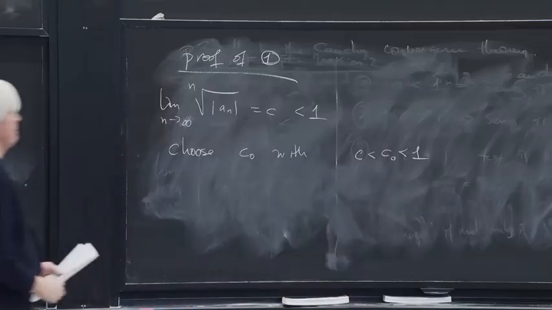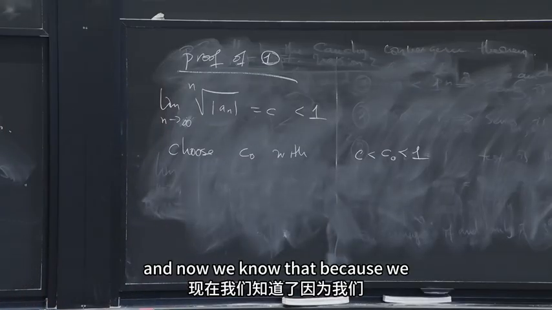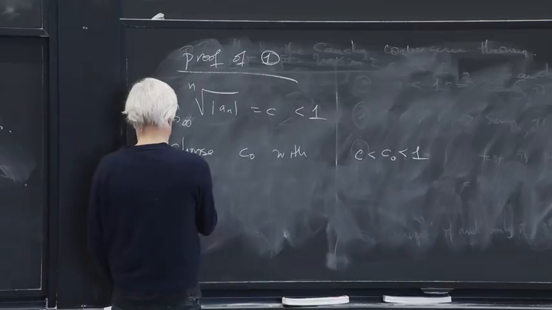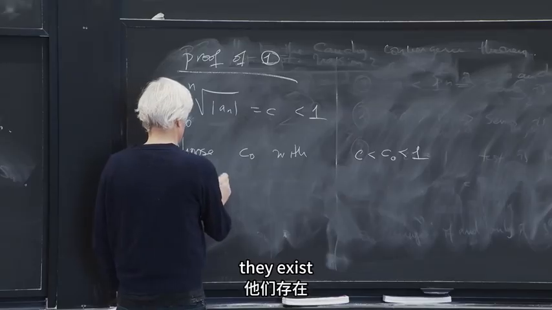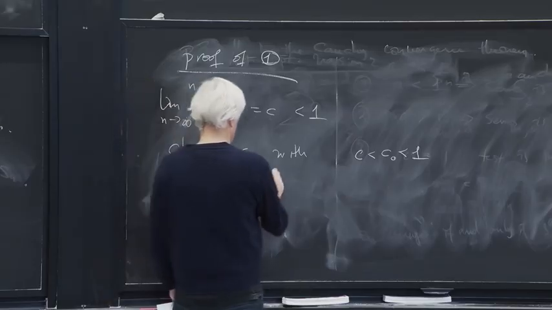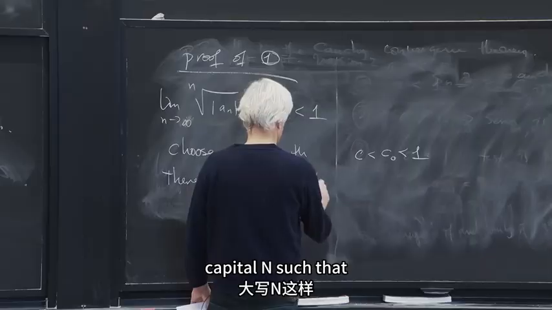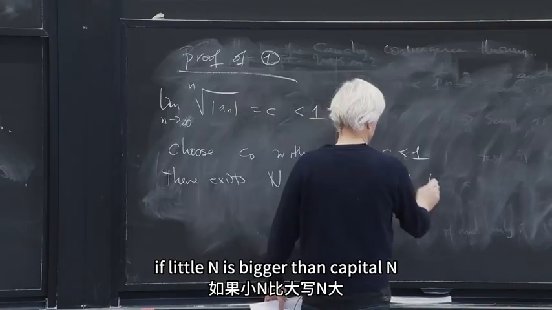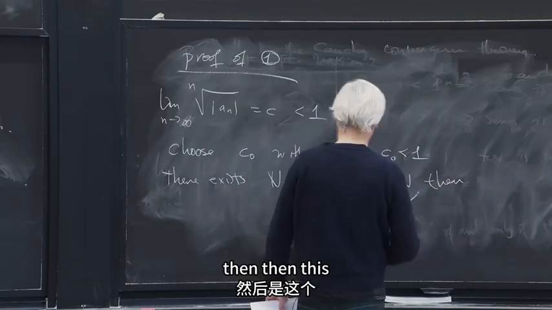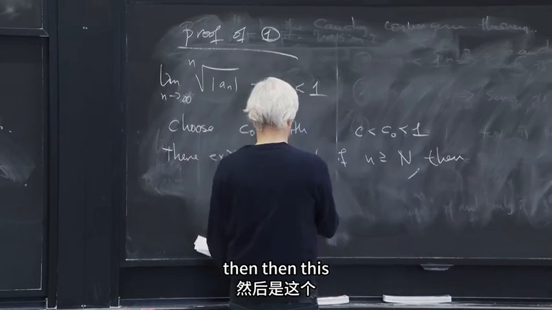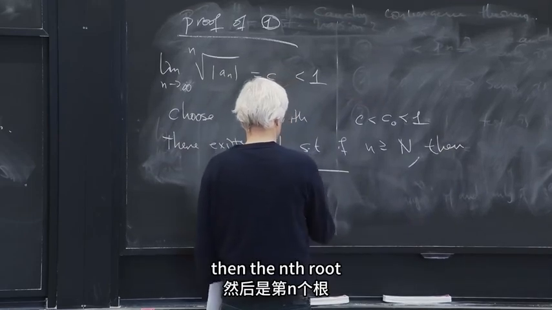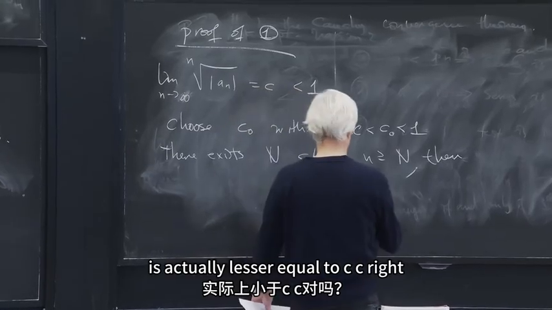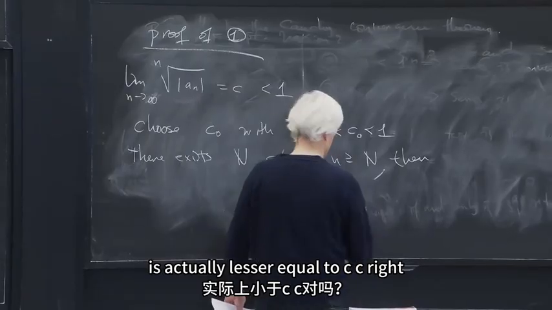Okay. And now because we have this limit, we know that there exists a capital N such that if little n is bigger than capital N, then the nth root of this absolute value is actually less than or equal to C0.